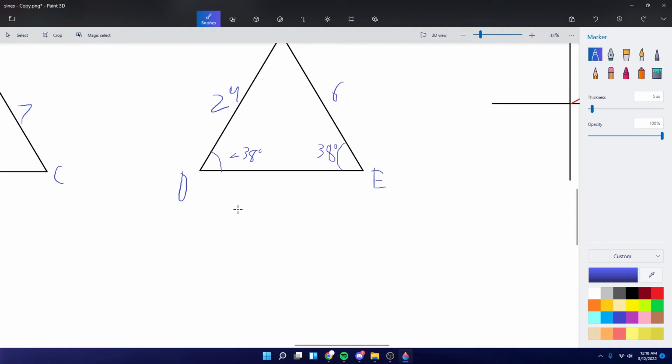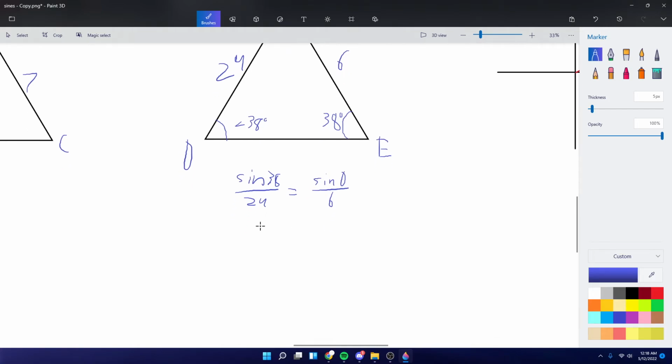Sine 38 over 24 equals sine D, which we don't know yet, over 6. Then you cross multiply: sine 38 equals 24 sine D, divide by 24.